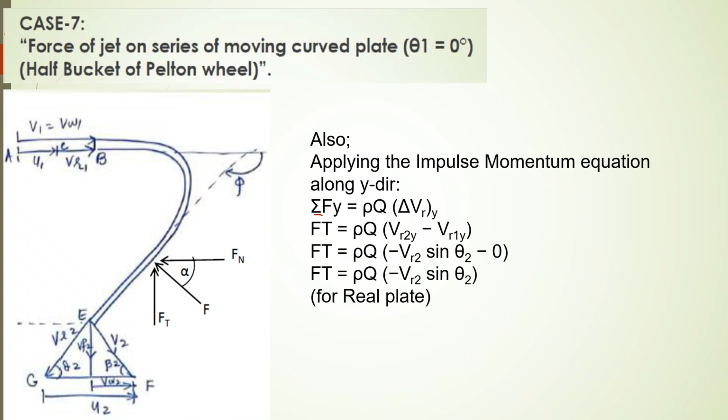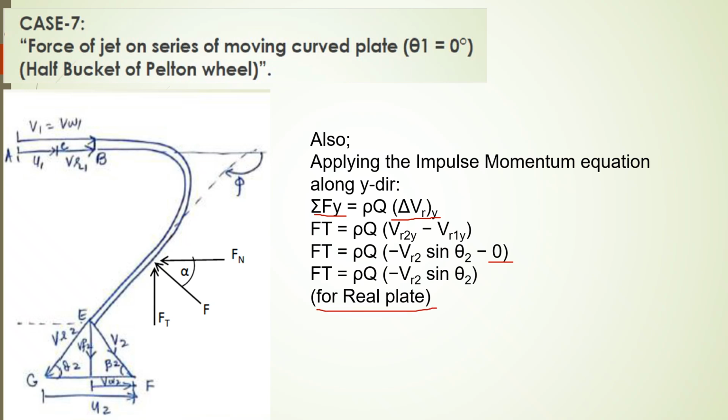For FT, the tangential component, you have rho Q delta VRY. The y-directional forces we need to incorporate: VR2Y minus VR1Y. VR2Y is minus VR2 sine of theta 2, and as theta 1 is equal to 0 at the inlet tip, it should be equal to 0. So we are only left with minus VR2 sine of theta 2.